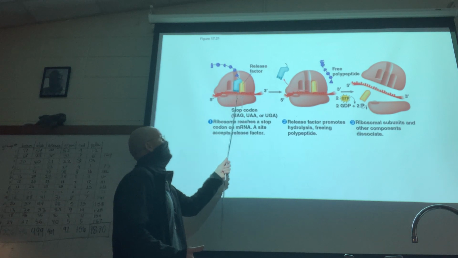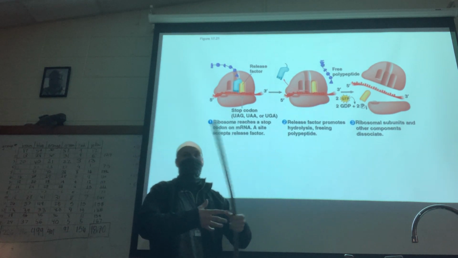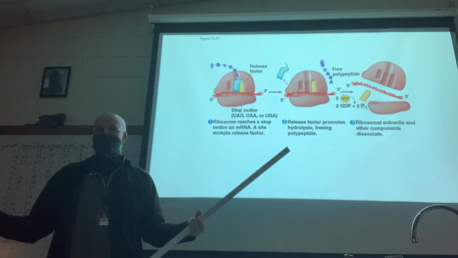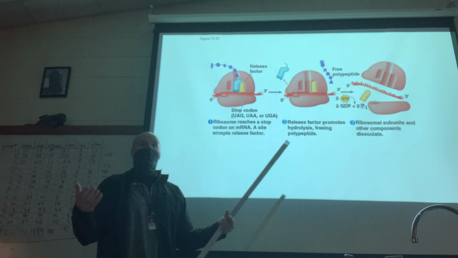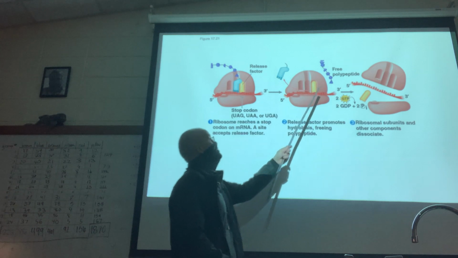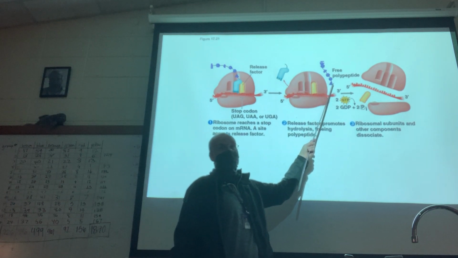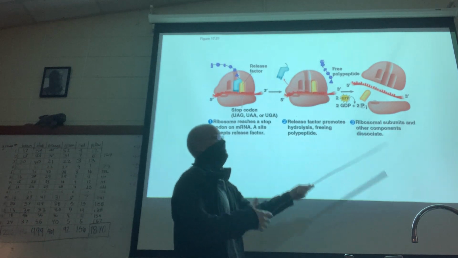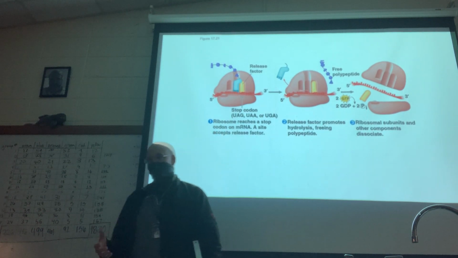So the stop codon causes kind of everything to disassemble and end the process of translation. And the effect that has is your polypeptide chain is now free and nothing is being added to it. It's done.